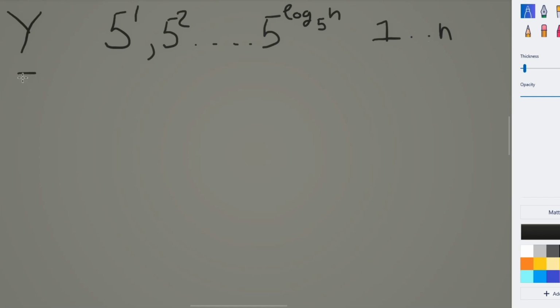So if we were to write down the first numbers which have 5 in their prime factorizations, so 5, 10, 15, 20 here, 25, and I'm just gonna skip ahead until 125 here, just for the sake of the example. Here we're gonna have 5 to the power of 3 as well, okay?